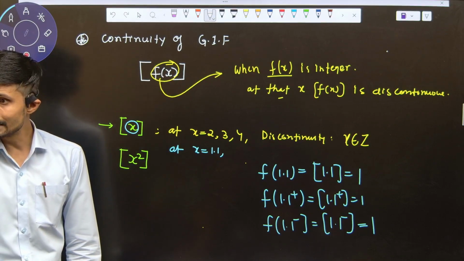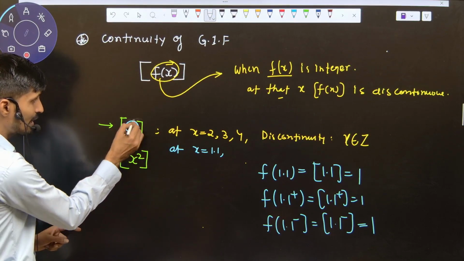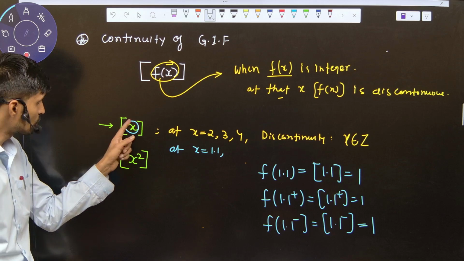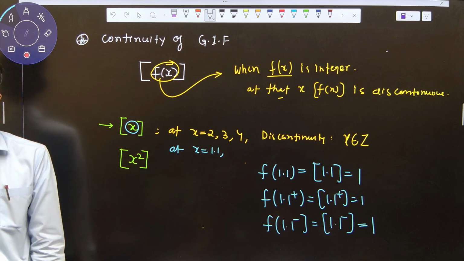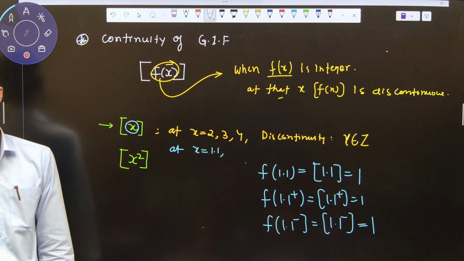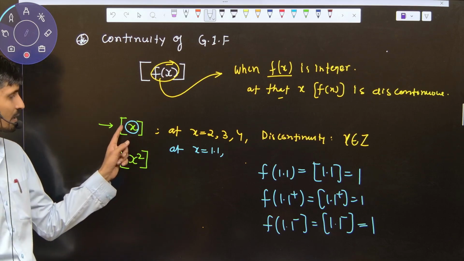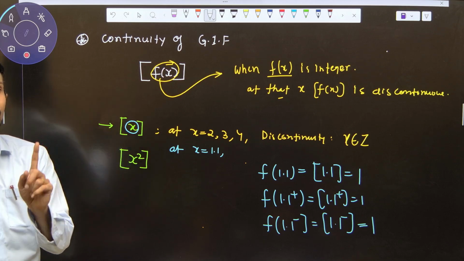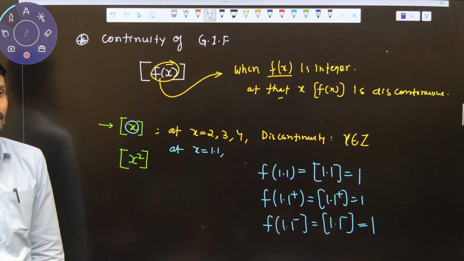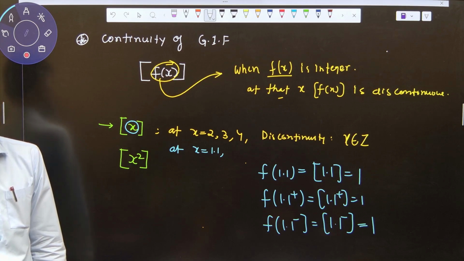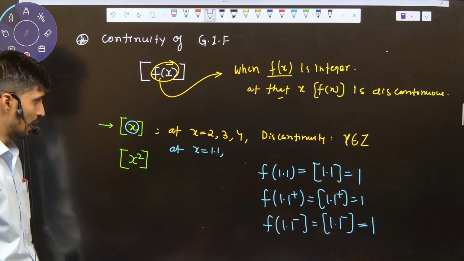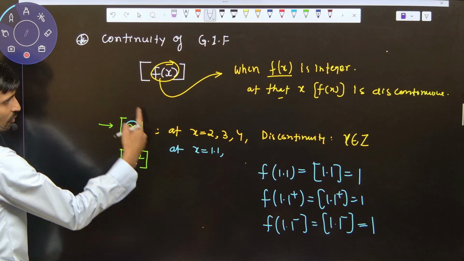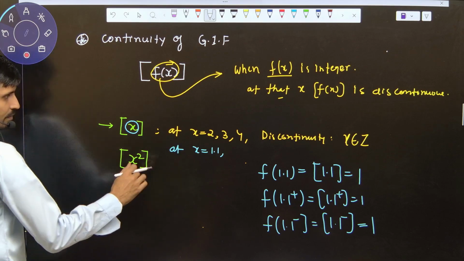It means when this value is a decimal, this total value is a decimal. Always remember what I am saying. When this total value is a decimal, it is continuous, and when this total value is an integer, it is discontinuous. Okay, so now first write down this part.